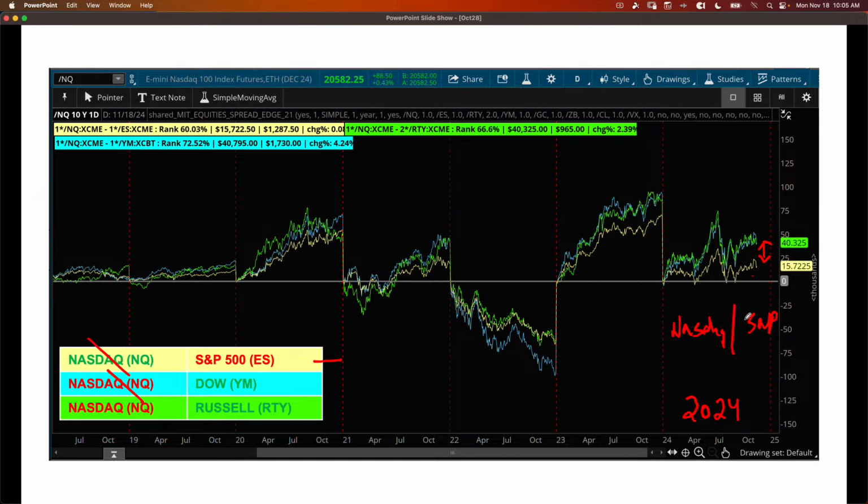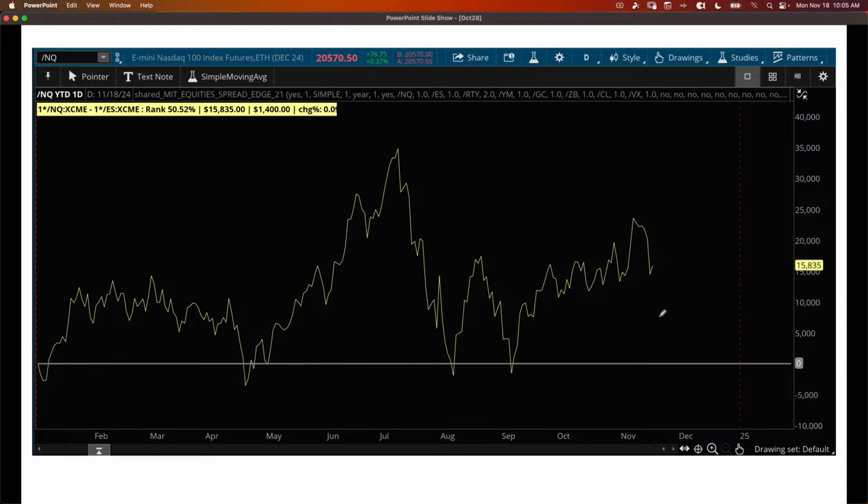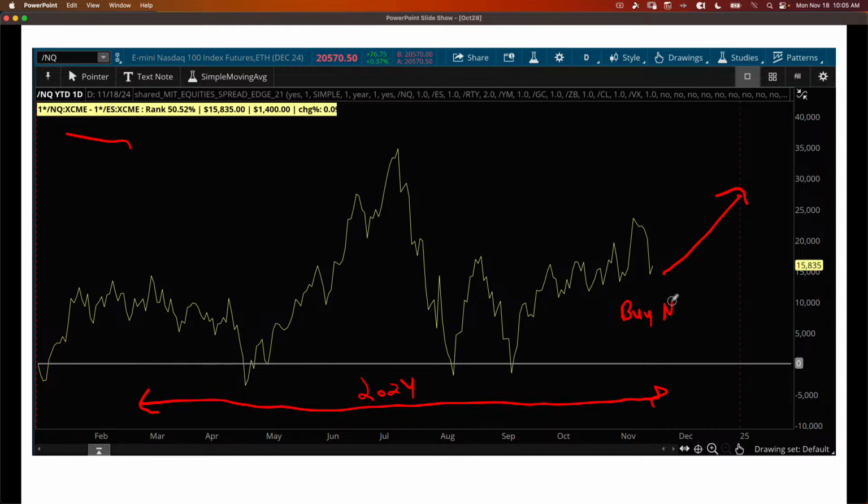It just is. And then if I go to this chart, which is the very next page, which is just 2024, and this is just NASDAQ against the S&P. If you wanted to buy this and you thought this was going to go higher, you would buy NASDAQ and sell S&P.